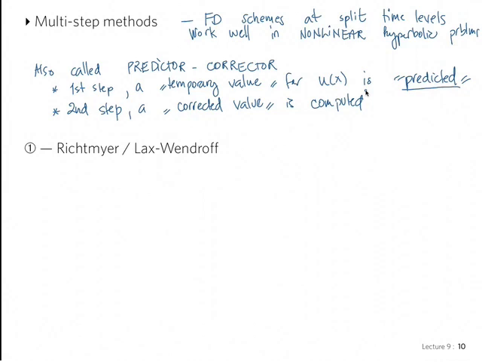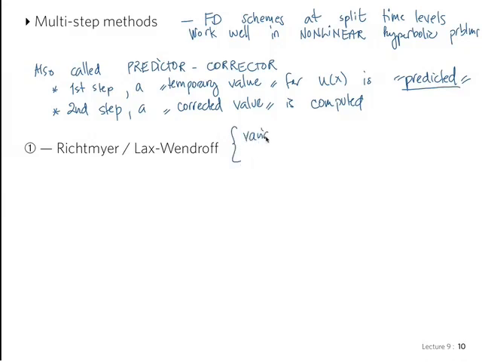So one of the most renowned of these is called the Richtmyer Lax-Wendroff, or the two-step Lax-Wendroff. There are two variants of this.